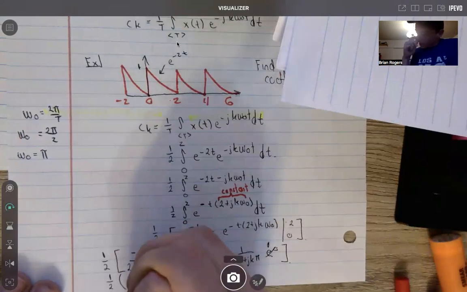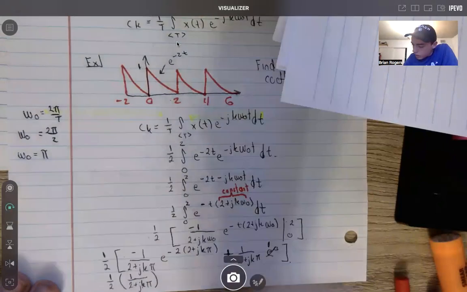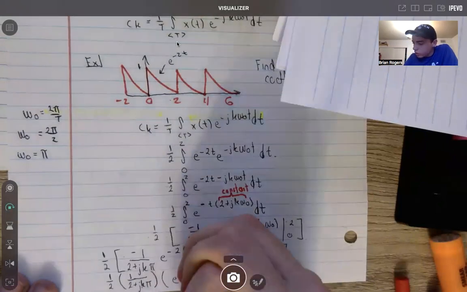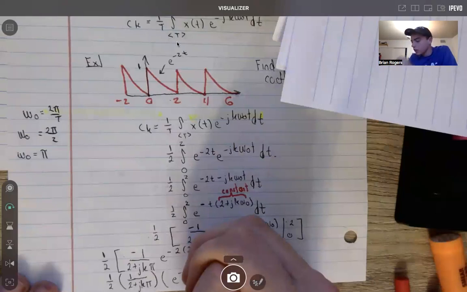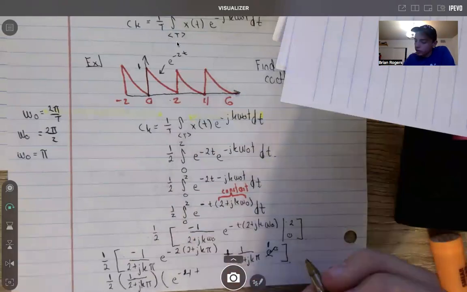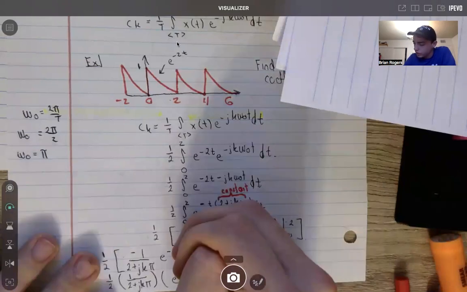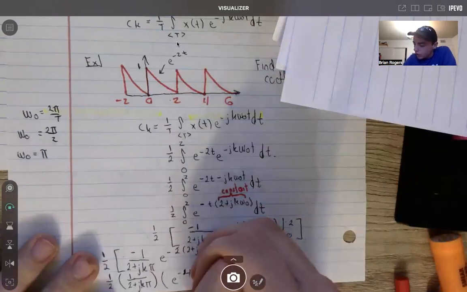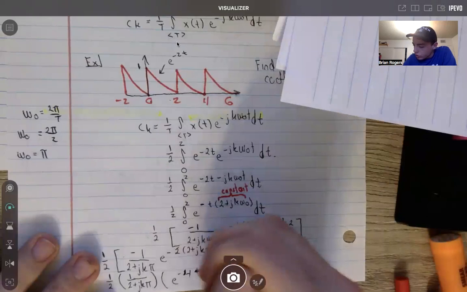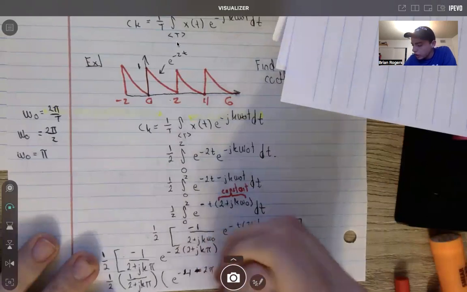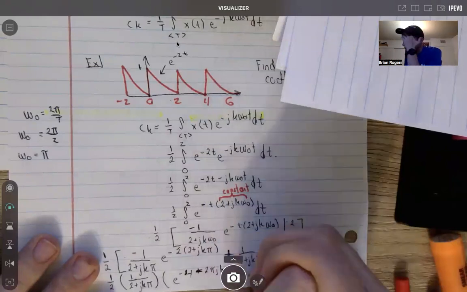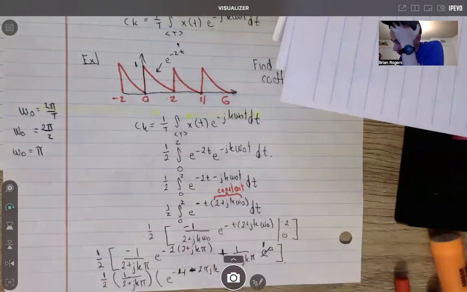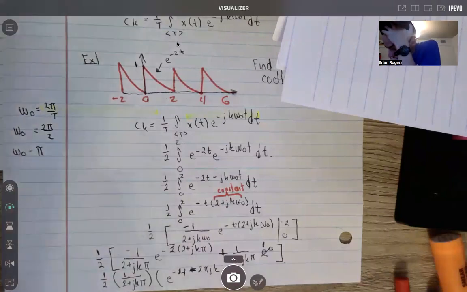That's common to both, right? And then it'd become e to the negative, this 2 would distribute, so it'd be negative 4 minus 2 pi jk, and then plus 1. And so then here we have 1 minus e to the -4.